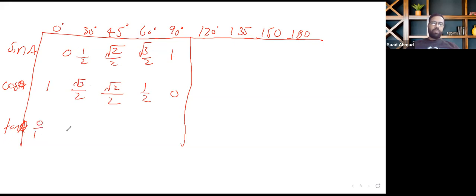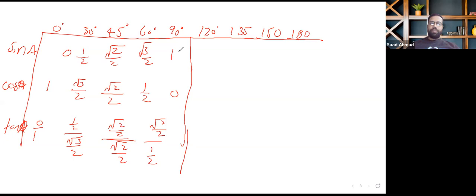So 0 divided by 1, 1 over 2 divided by... You cannot divide anything by 0. You cannot divide 1 by 0, right? So now let's divide them. So 0 divided by 1 is 0.